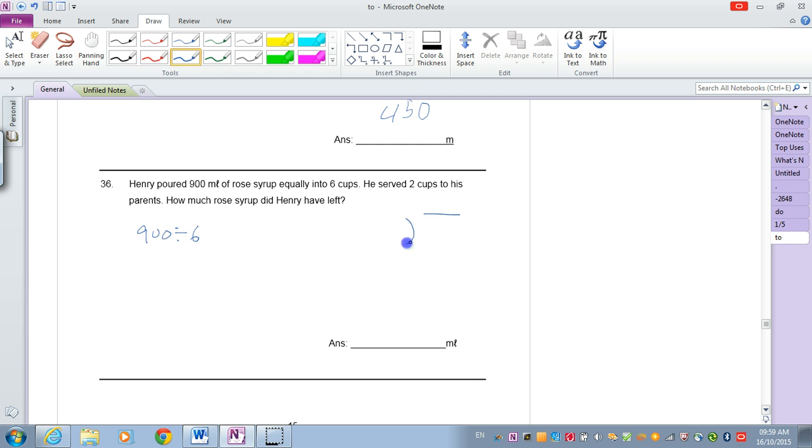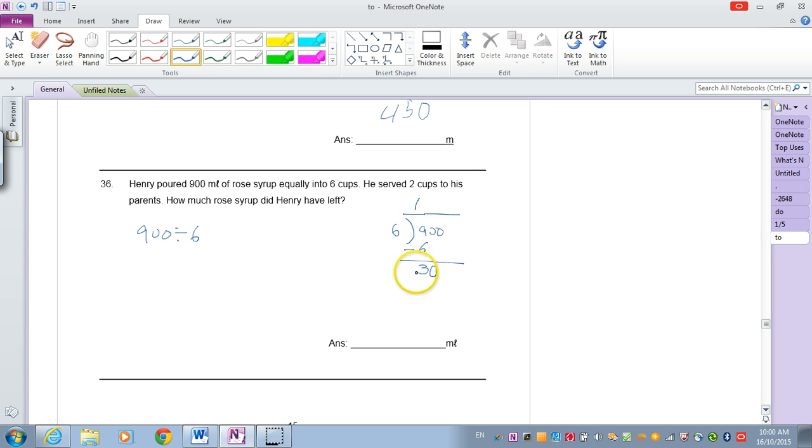So 900 divided by 6. So 9 divided by 6, do 1 digit at a time. I know that 1 times 6 gives me 6, 2 times 6 gives me 12. So I can only use 1 times 6 here, so I'll put 1. 1 times 6 gives me 6. So 9 minus 6, I am left with 3. Now bring down the next digit, which is 0.